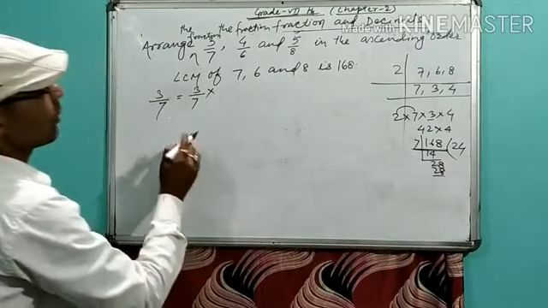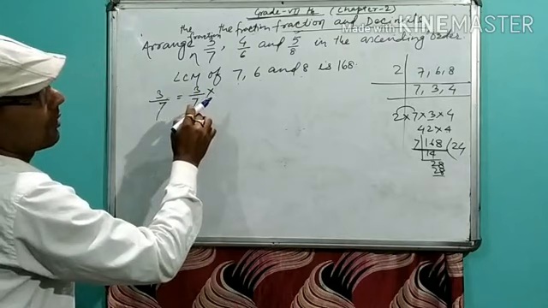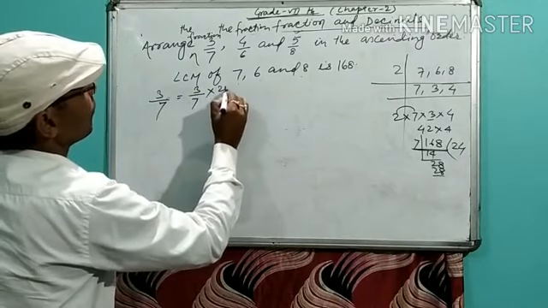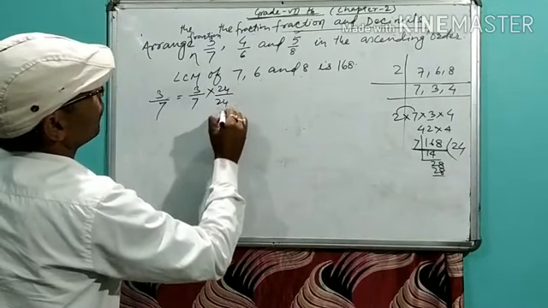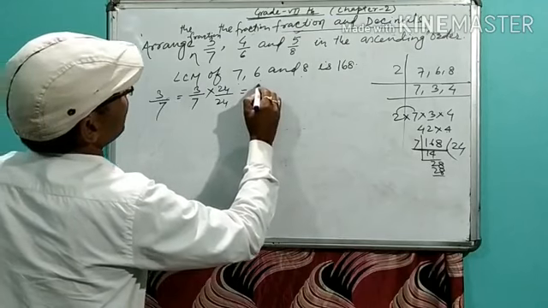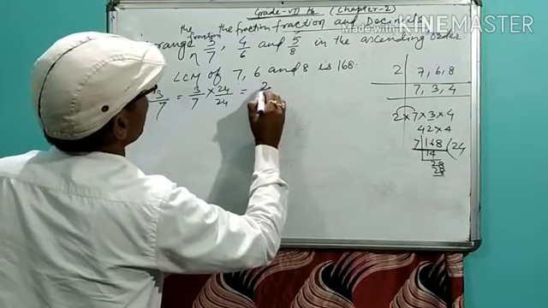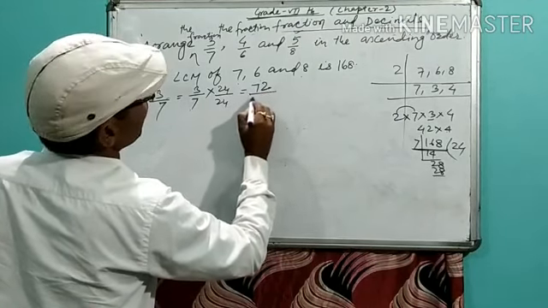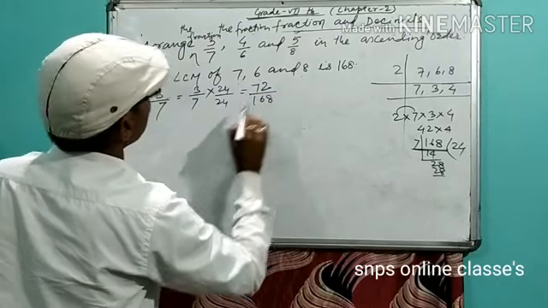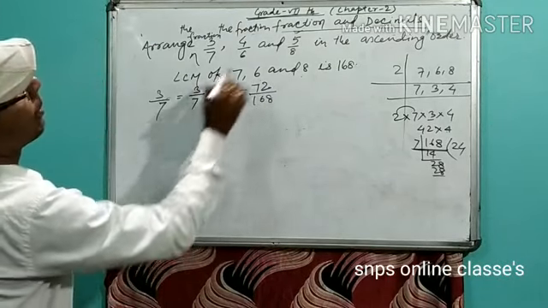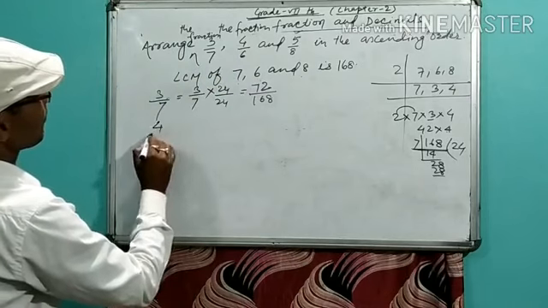You will multiply the fraction 3 by 7 by 24 by 24, which gives 72 by 168.